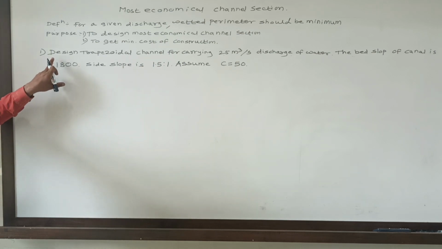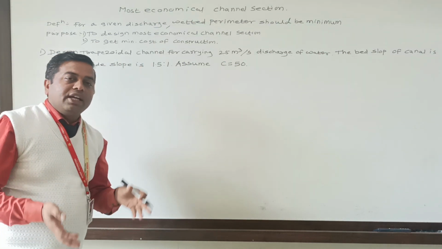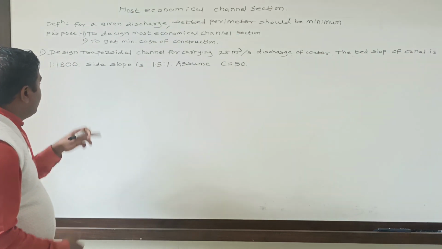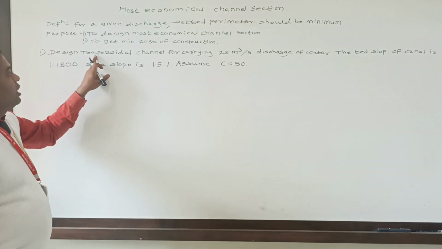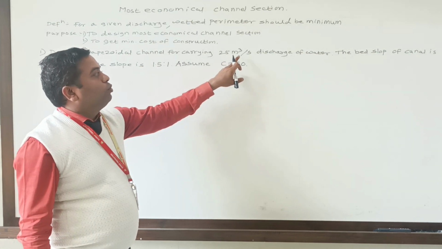Our numerical is: design a trapezoidal channel section. Most of the time we use a trapezoidal channel section instead of a rectangular section. Design a trapezoidal channel for carrying a discharge of 25 meter cube per second.